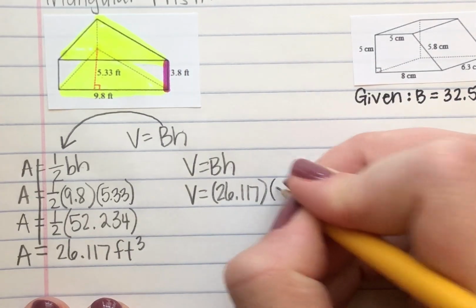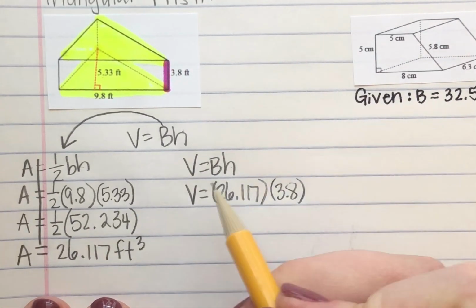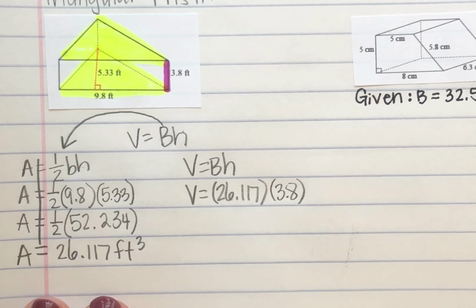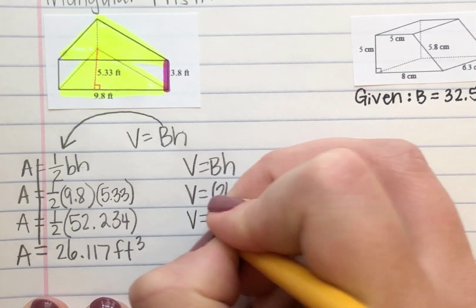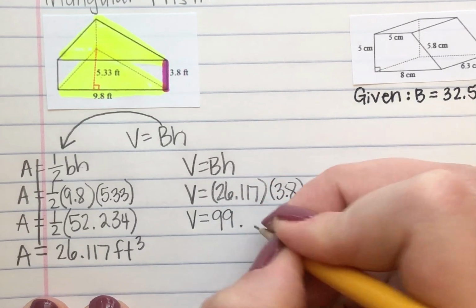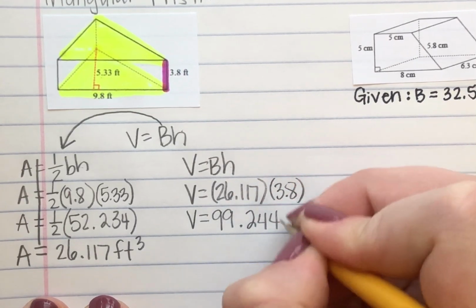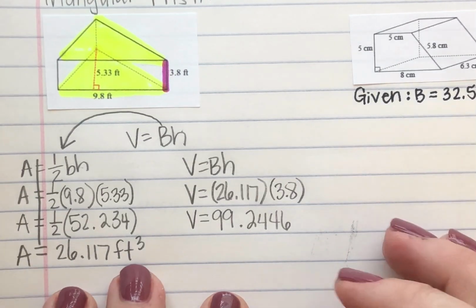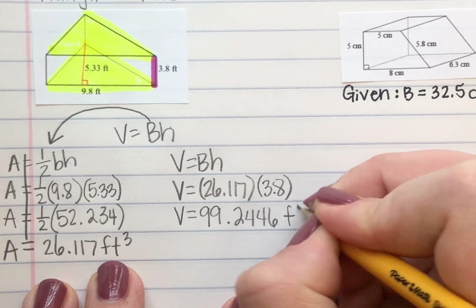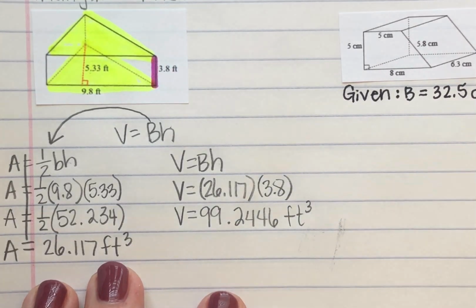So that's why we're going to plug in a 3.8 for this height. All right, when we multiply all of that together, we get 99.2446. And in a perfect world, we'd probably round that. We don't need to though, because we've got a calculator right now, and it is gonna be feet cubed, okay? Absolutely gonna be feet cubed.